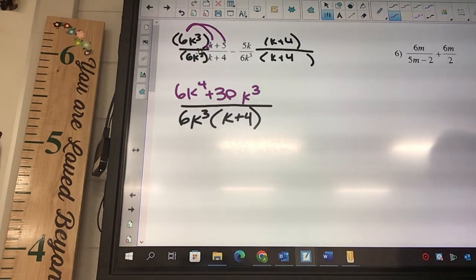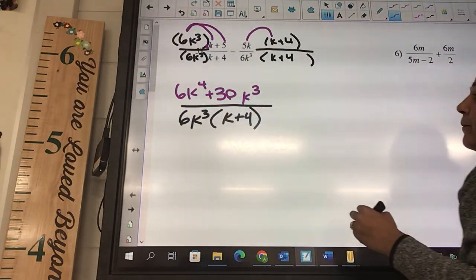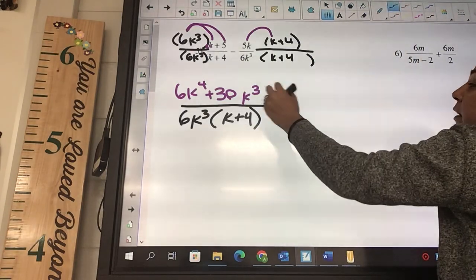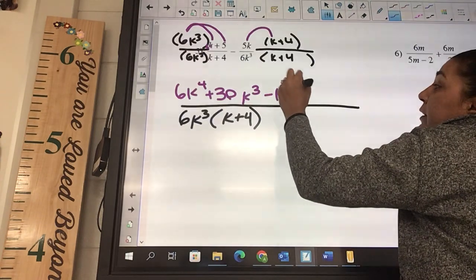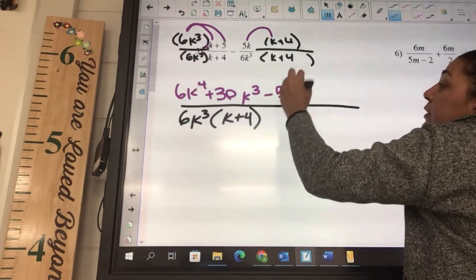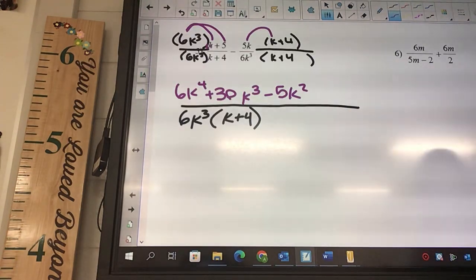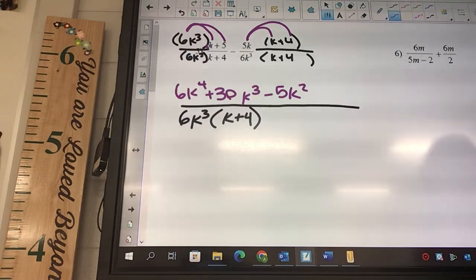Okay, for the second one, it's going to be negative 5k times k. What are you going to get for that one? Negative 5k^2. And then what about for the second one?